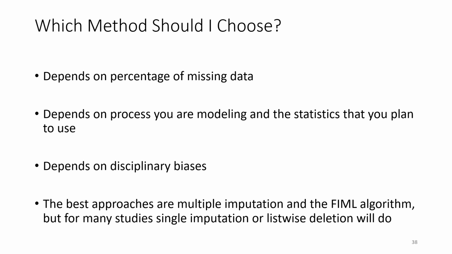There are disciplinary biases. So, for example, in developmental research, we're more likely to use, I think, the FIML algorithm than other approaches. And generally speaking, the best approaches, the gold standard for the estimation of missing values, is multiple imputation and the FIML algorithm. But many studies can utilize single imputation or listwise deletion. And for many studies, that's a reasonable thing to do.